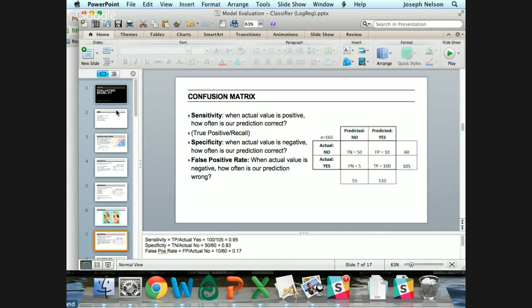The rate is relative to the total number of actual no's. Sensitivity is also going to be called recall. And in the code that we go over, recall will be the term to which sensitivity is referred.